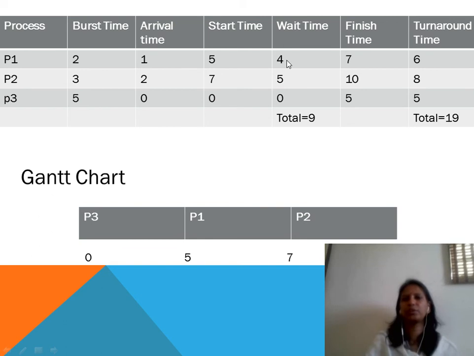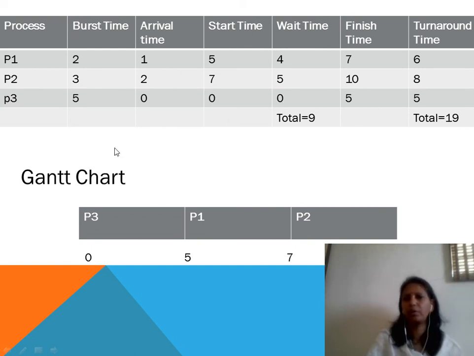As per the given chart, the wait time for the second process is 7 minus 2, that is start time minus arrival time, and it is 5. And at the last, for the process P3 the start time is 0 and the arrival time is 0, so the wait time of the third process is 0.